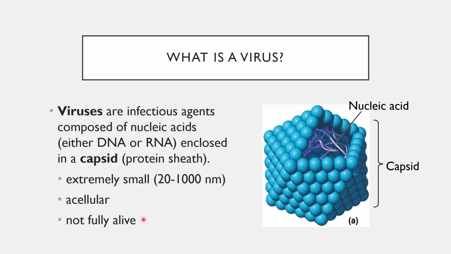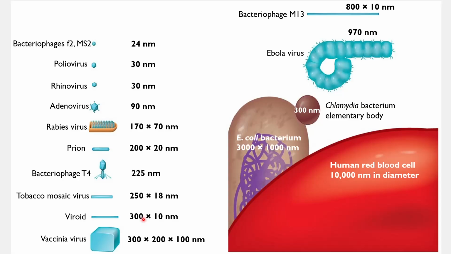So here is a size scale where you can see some common viruses and how they compare to other types of microorganisms. Here we have an E. coli bacterium, and here we have an elementary body of a chlamydium bacteria, which is one of the smallest types of bacteria in existence. And we can also see this huge human red blood cell here to compare as well.